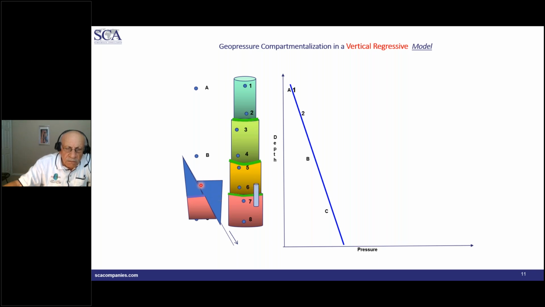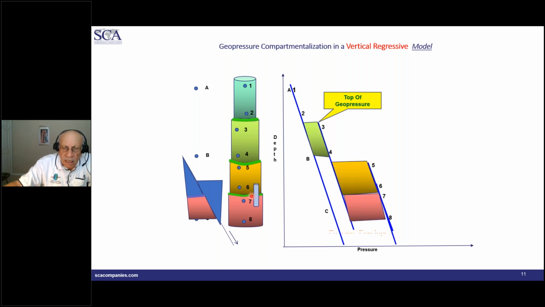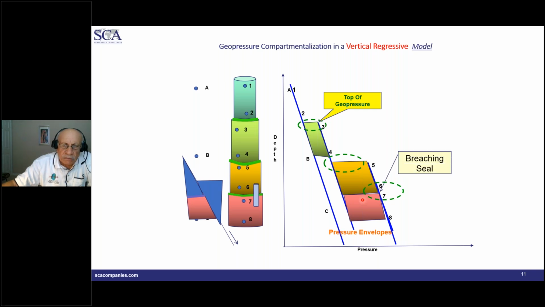That fault is going to create communication between those two compartments right here. So let's see what the pressure plot is going to look like. Those two chambers here are in communication right here. And we're going to see examples from the RFTs, MDTs, that show that communication between the two of them.